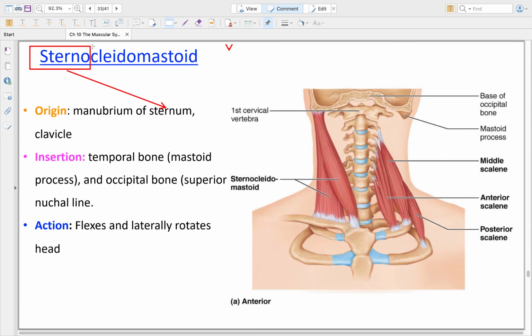Cleido means clavicle. And mastoid is in reference to the mastoid process of the temporal bone. So we have this three-part name, sternocleidomastoid.